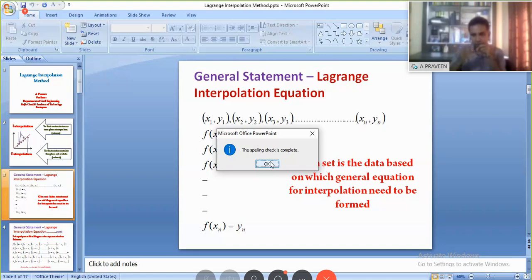So our first objective is to get the general polynomial which represents the data. Once you have that polynomial, you substitute the value of x. The polynomial stands as the general character of the total data set.